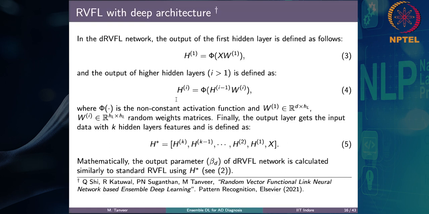And finally, one can find the output layer weights with K hidden layer features with the H star in equation 5. So the output parameter beta can be calculated similar to the standard RVFL using this H star.